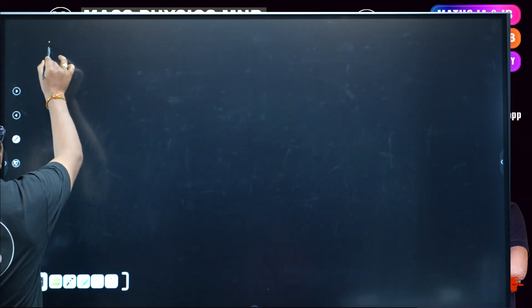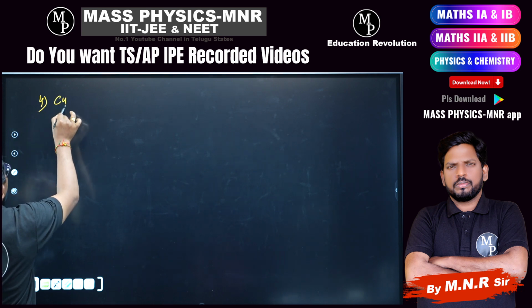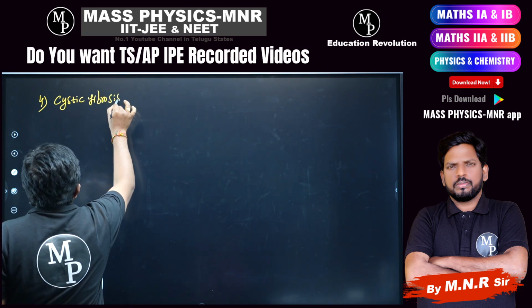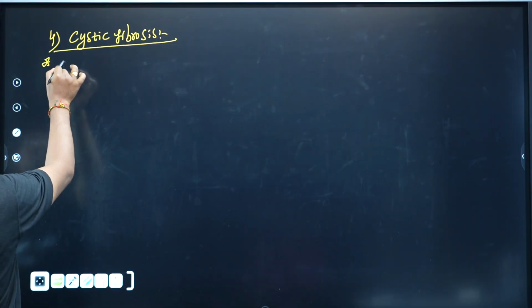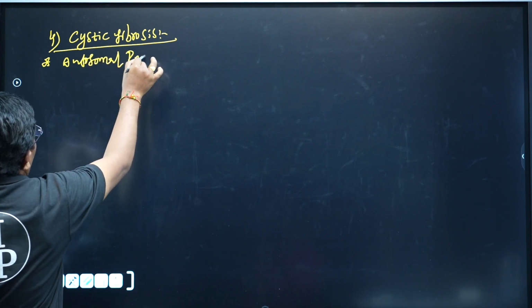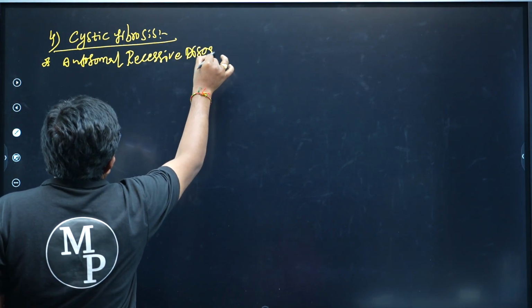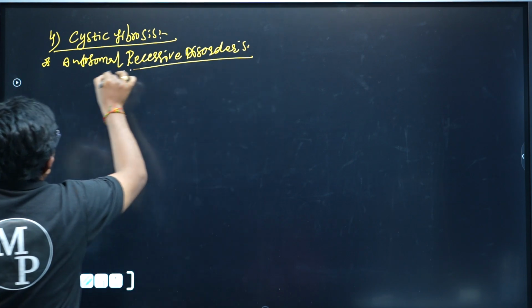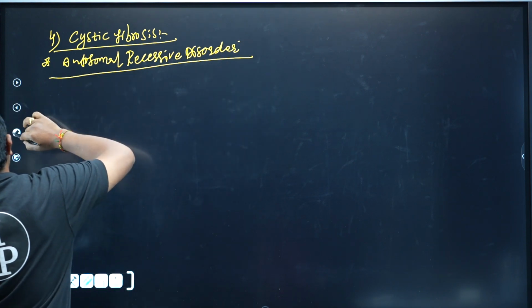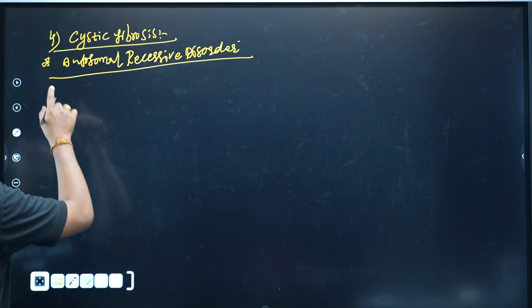And after that, one more autosomal recessive disorder, that is cystic fibrosis. It is one of the autosomal recessive disorders.